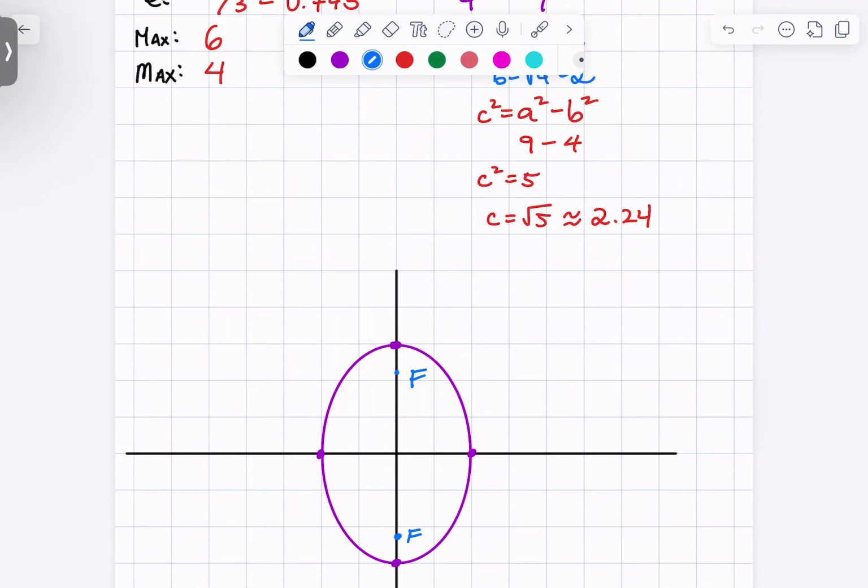In this case, both variables are squared, and there's a plus sign in between, so that's an ellipse. For hyperbolas, the difference is there's going to be a minus. It's the same thing, but with a minus, and the steps to graphing are a little bit different.